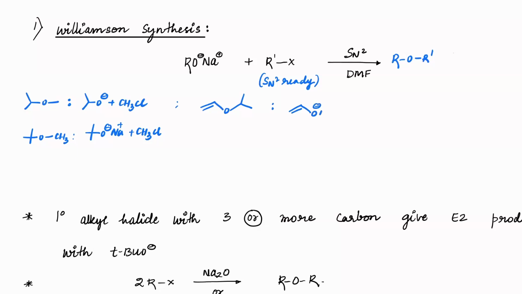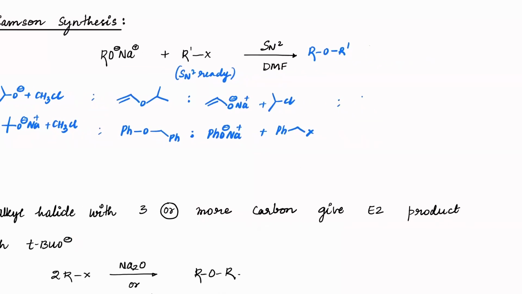So in that case, O-Na+ is the one which you need to take and react with propyl chloride. Got it? Similarly, if I want to get phenyl with one more phenyl group here, you know that phenoxide has to be taken as the alkoxide, and then benzyl alcohol should be taken as the SN2 form.